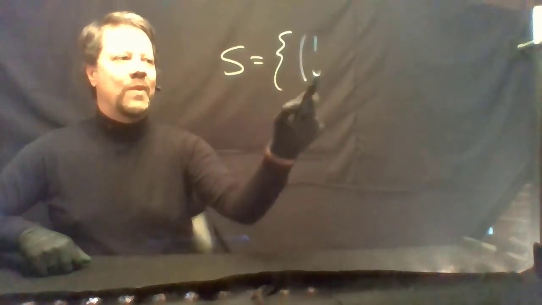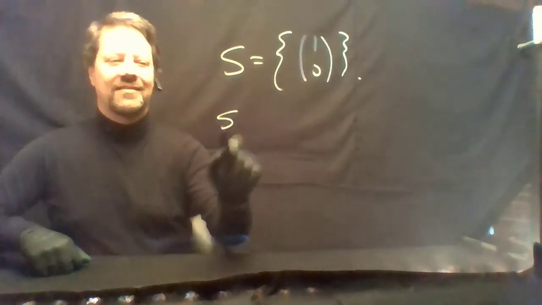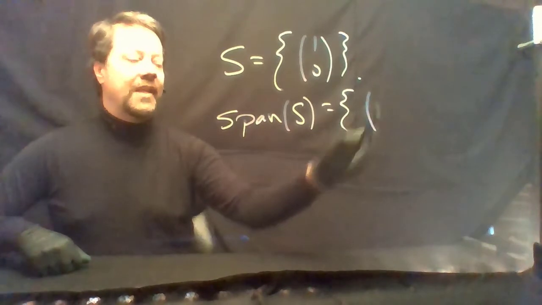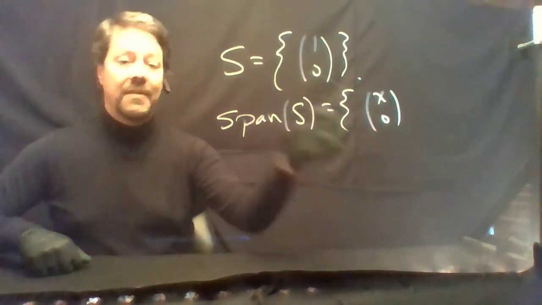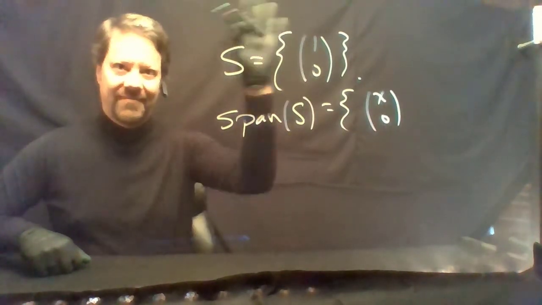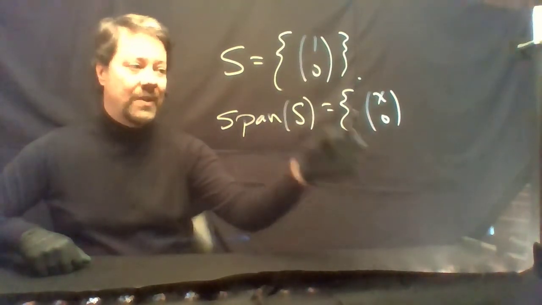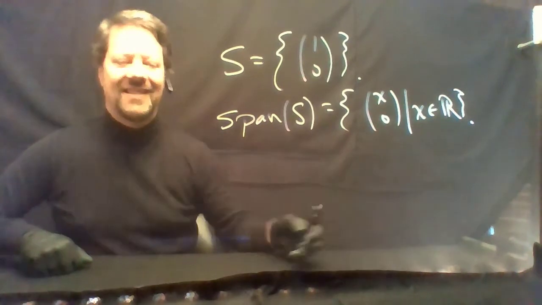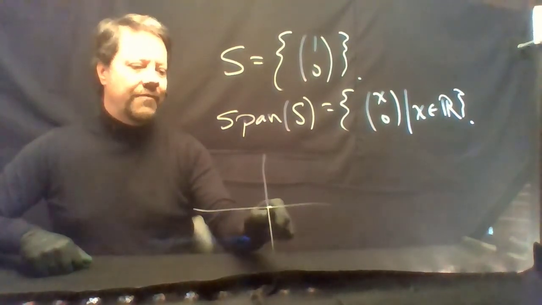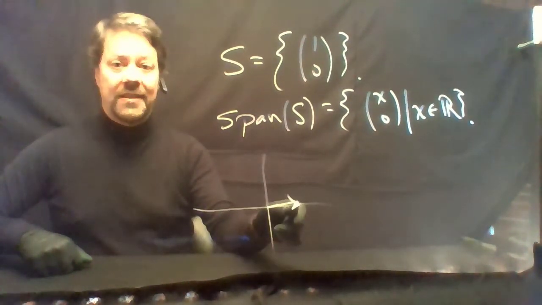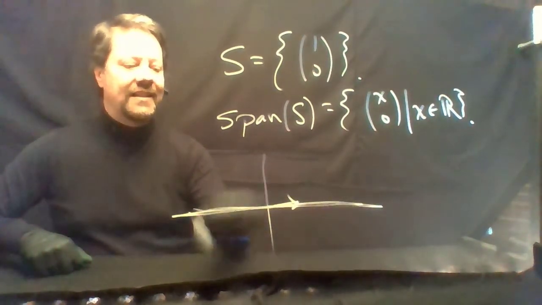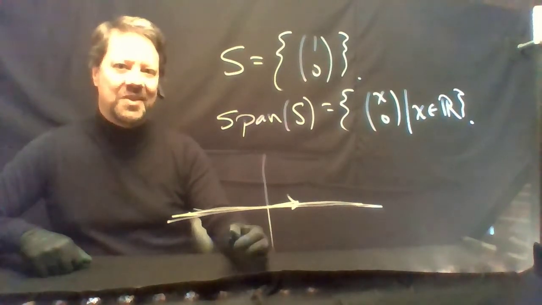Let S be the set that contains (1, 0). The span of S is the set of everything of the form (x, 0), a scalar times (1, 0), such that x is an element of the set of real numbers. In other words, we started off with just this one vector in the set S. The span ends up being the entire line containing that vector that passes through the origin.